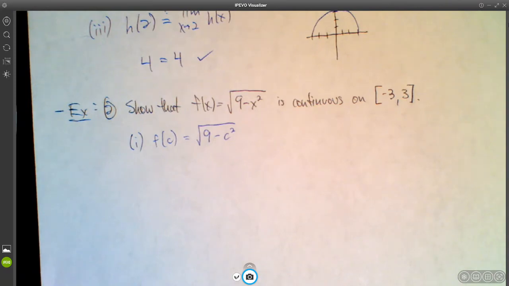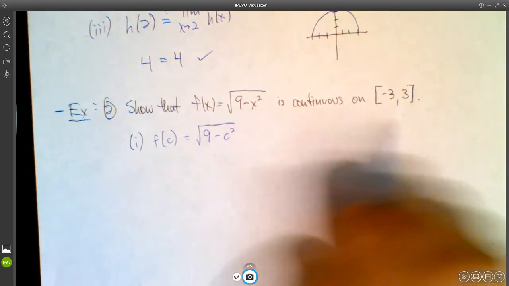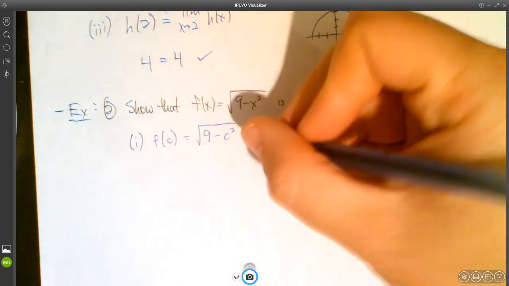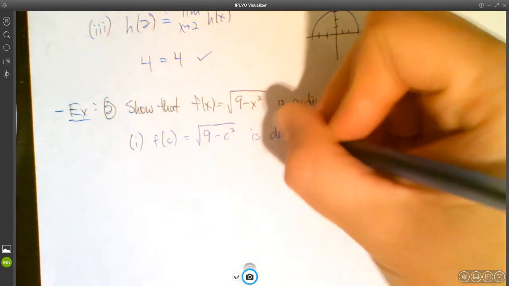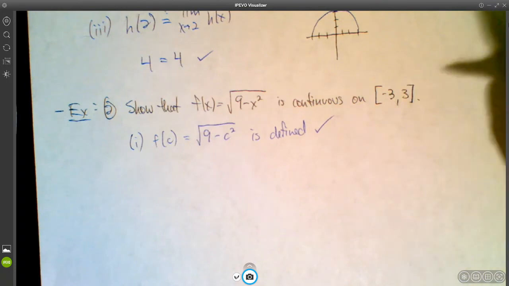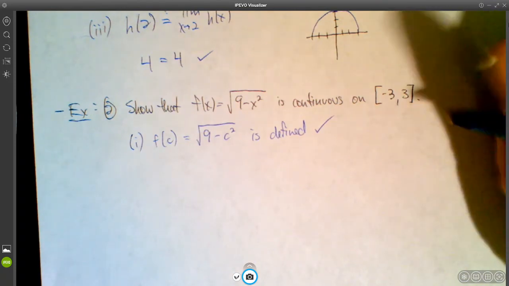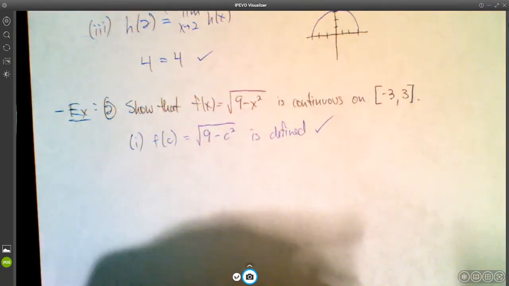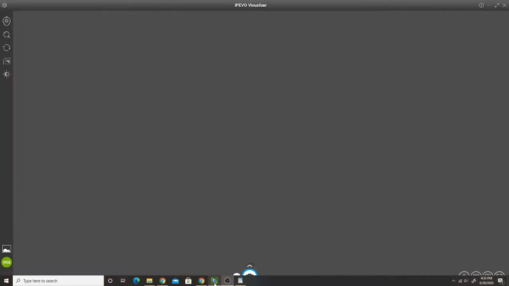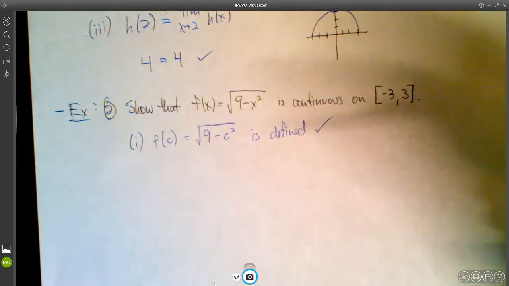Okay, but that's perfectly well defined as long as c is inside of this interval, right? So this is defined, sure. It's a real number, yep. Okay, so f of c is defined.